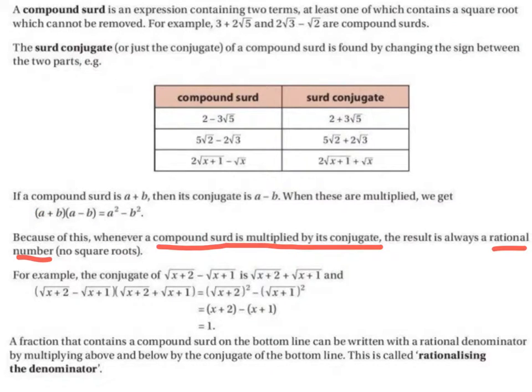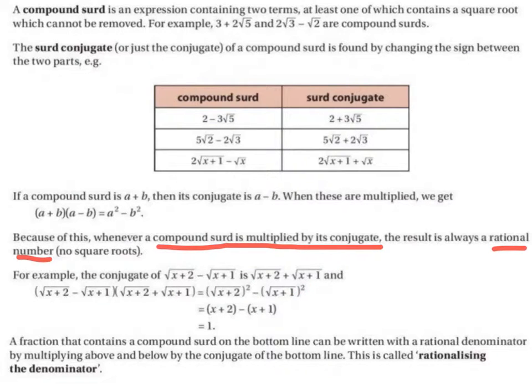So the first term in this case is root x plus 2, so it's going to be root x plus 2 squared. And then I'm going to have a minus. And then the second term, which in this case was b, will be squared, but in our example is root x plus 1, so it's going to be root x plus 1 squared. So the first term squared minus the second term squared.